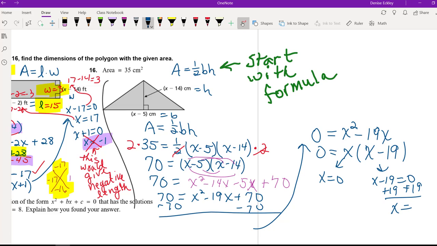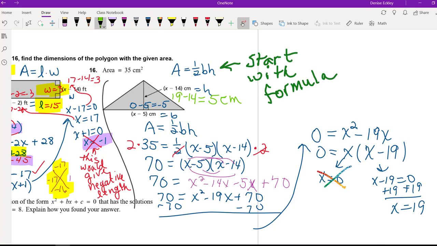I get x equals 19. Now looking back at the original problem, I can see that if I substitute 0 in here, I get a negative length. So that is out. So I can cross this one out. So my two answers are going to be, my height will be 19 minus 14, which is 5 centimeters.